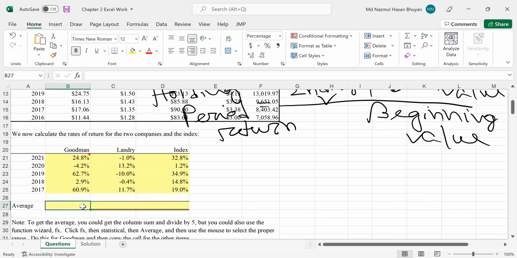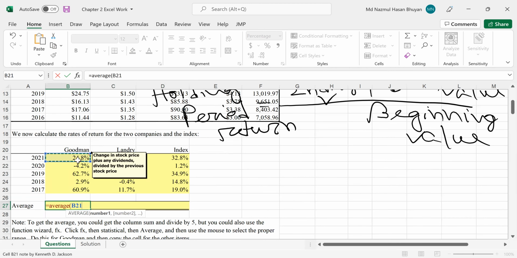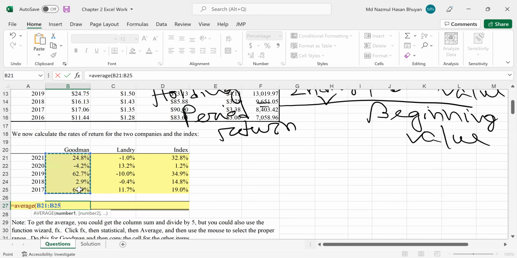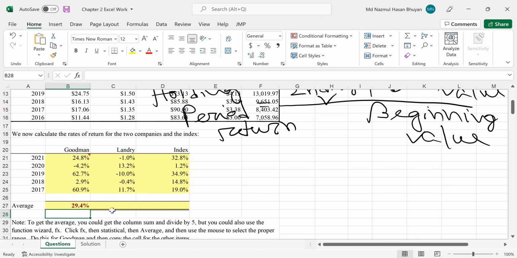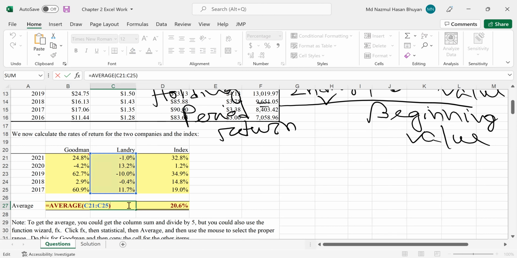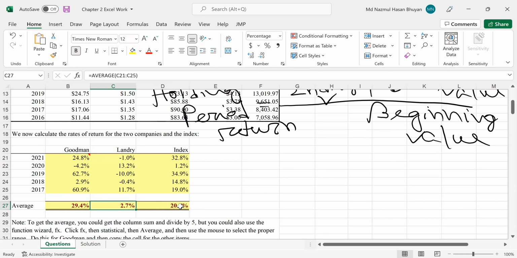Next, we are going to calculate average return. So we're going to apply the average formula. Now, the average return for Goodman Company is 29.4%. Then average return for Landry is 2.7%, whereas the average return for the market is 20.6%.